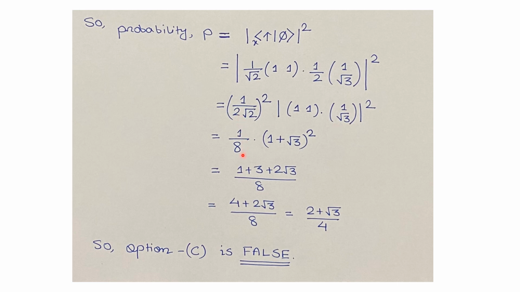So we'll get effectively 1 plus 3 plus 2 root 3, so this is the 1 plus root 3 whole square, divided by 8. So it will give 4 plus 2 root 3 divided by 8, and after simplification it will give 2 plus root 3 divided by 4. So it is not matching with our option C. So option C is false in our case.